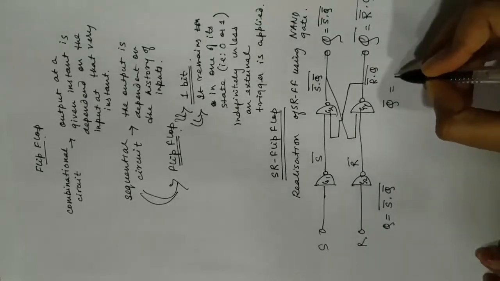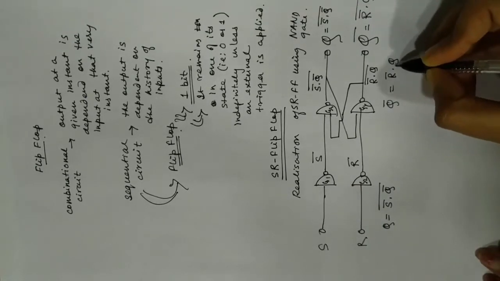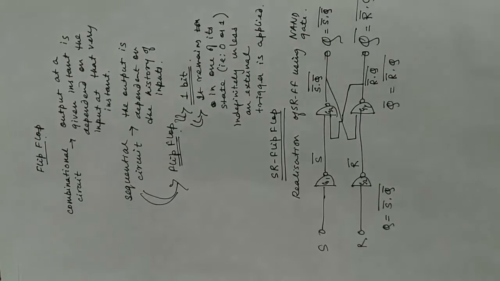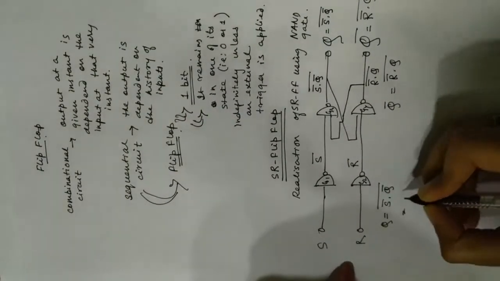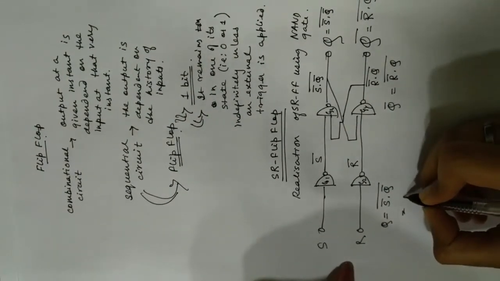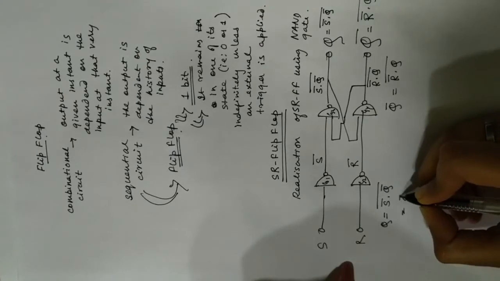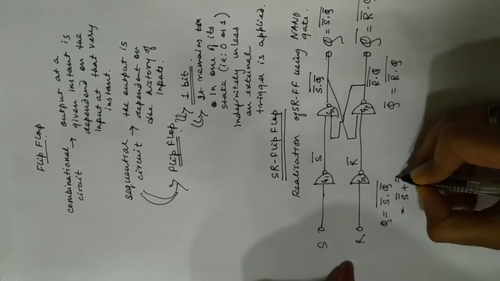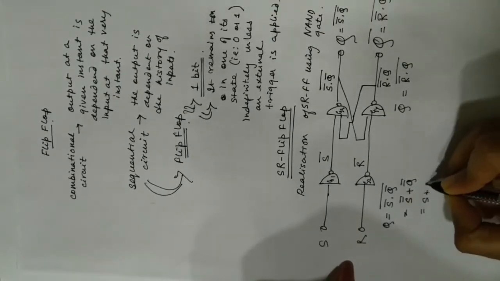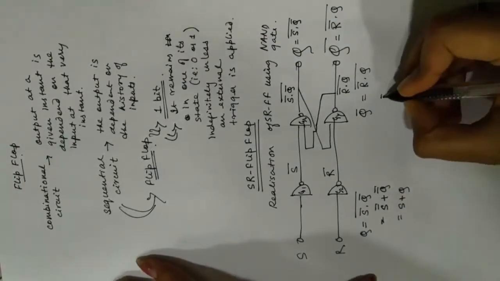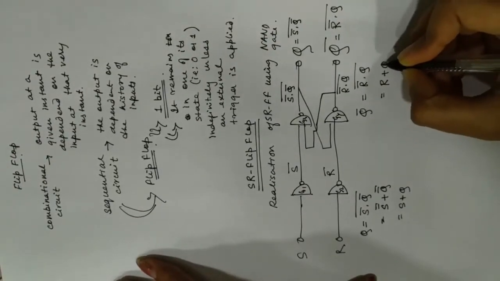So Q bar is equal to R bar dot Q, whole bar. Now you apply Boolean rules. It becomes S double bar plus Q double bar, which is equal to S plus Q, right? And this becomes R plus Q bar.